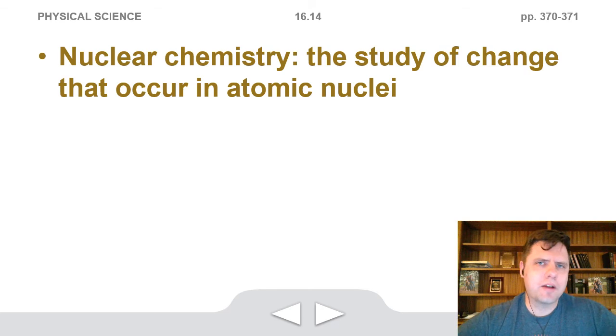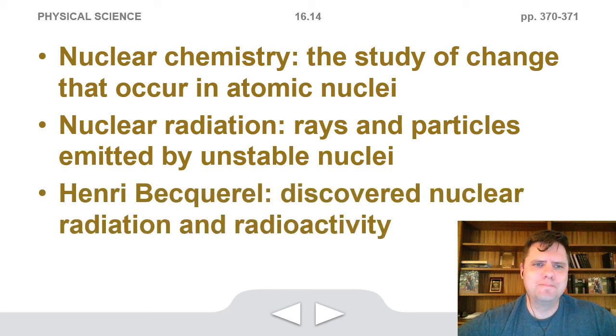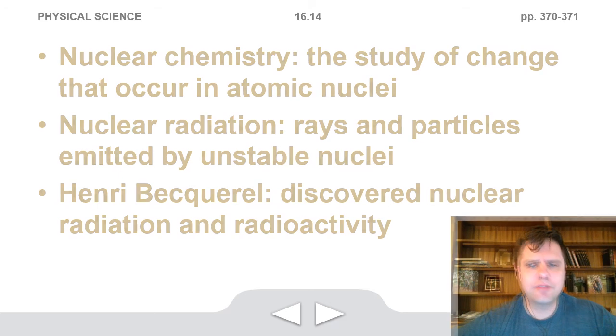Now, whenever we're talking about chemistry in general, we're usually talking about the interaction between electrons with other atoms and their electrons. But nuclear chemistry is the study of changes that occur within the atomic nucleus. So nuclear radiation are rays and particles that are emitted by unstable nuclei. Henri Becquerel discovered nuclear radiation and activity.